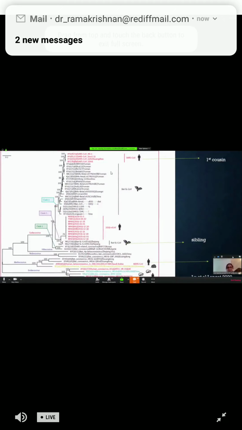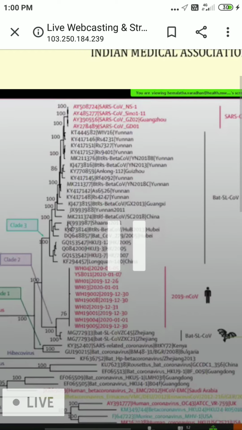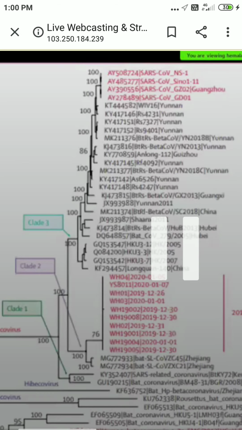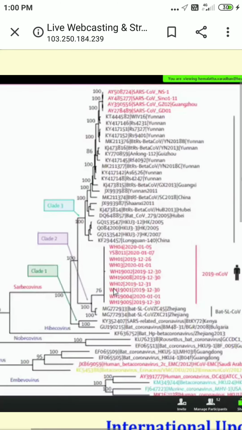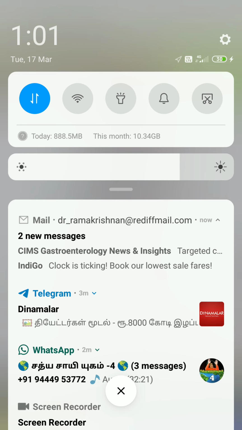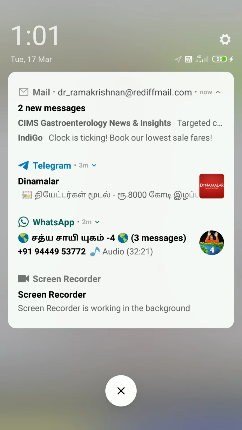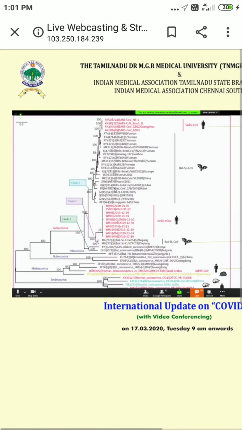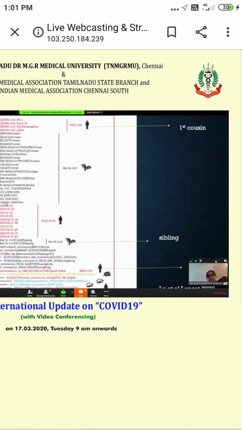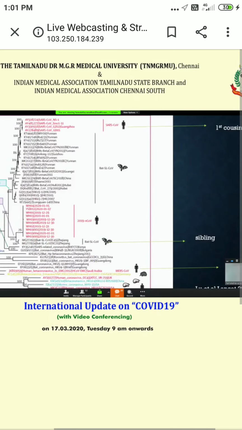Now, this is what we call a phylogenetic tree, and people who have done sequencing may know what it means. So essentially, what we use is to understand the genetic structure or the genetic distance of a particular virus to the other in the family. And to some extent, we can also determine where it's evolving from.